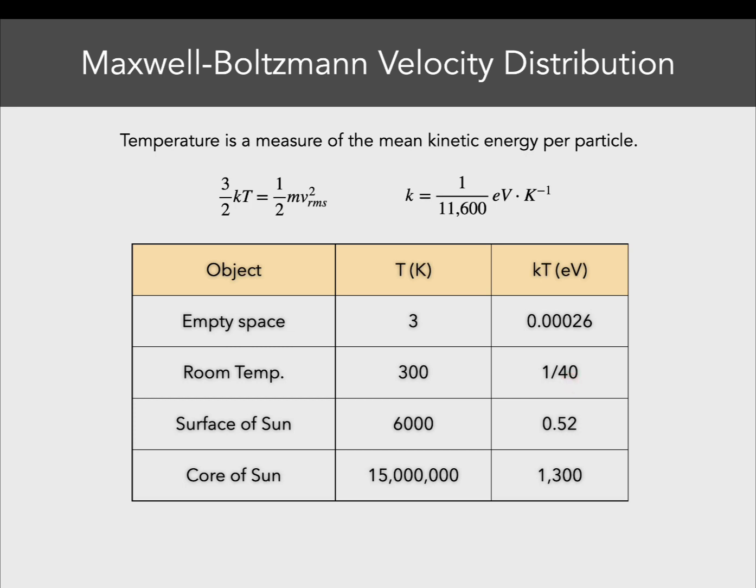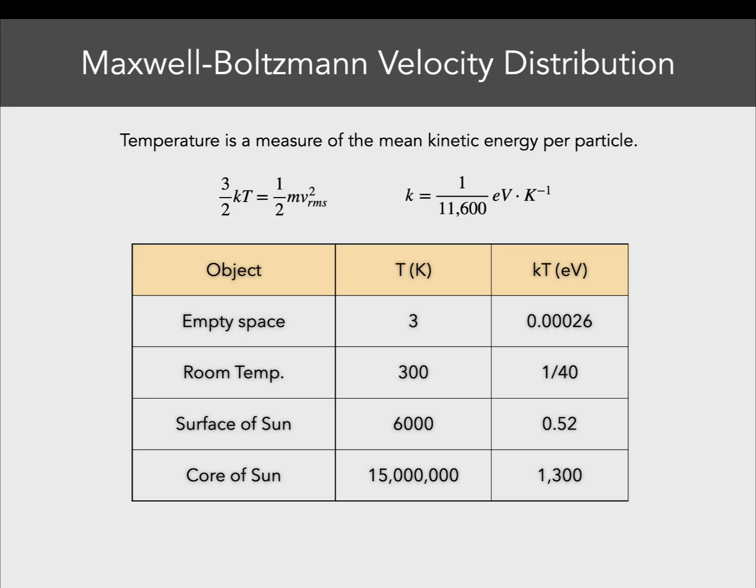When you go up to temperatures close to the temperature of the sun, you're talking about particles having a mean kinetic energy of about 1/2 an electron volt. And at the core of the sun, about 15 million degrees Kelvin, every particle has over 1,000 electron volts of energy.